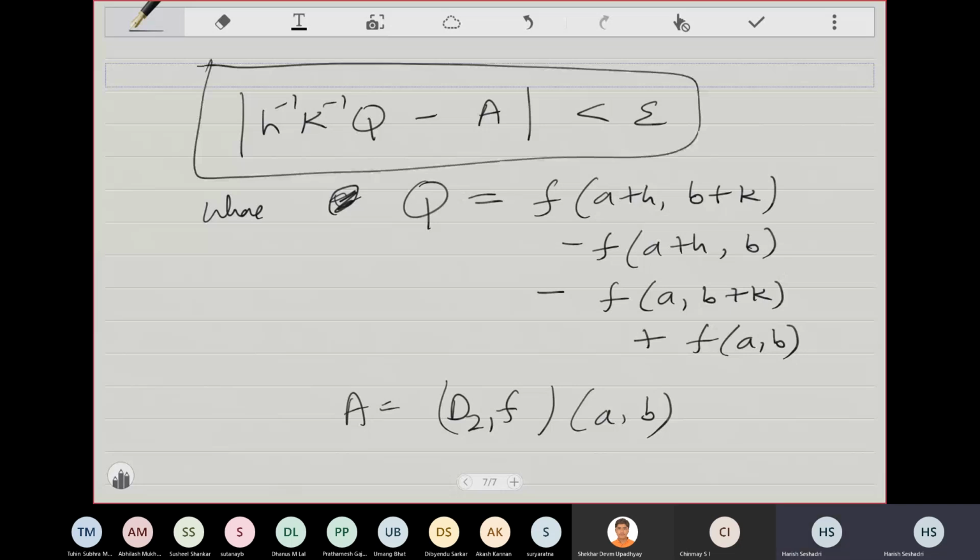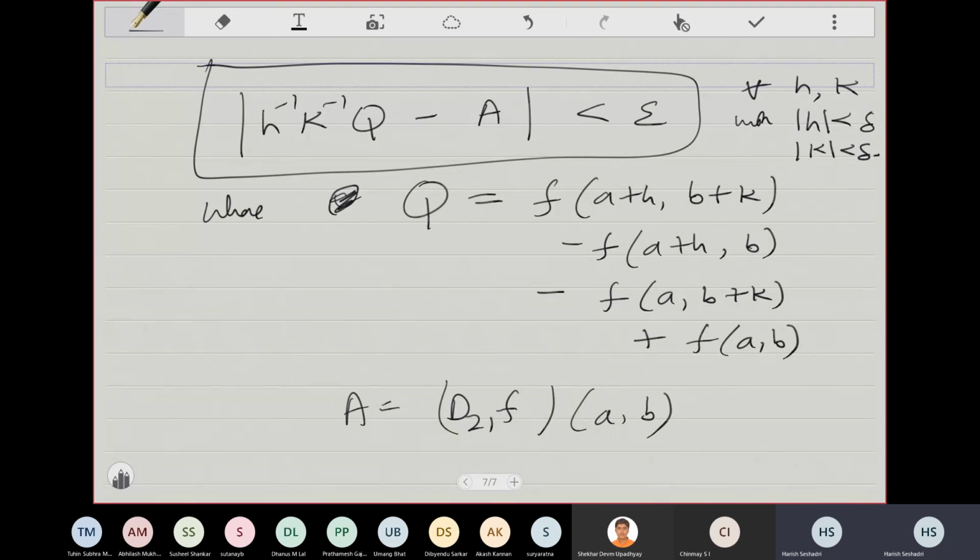So I want this. Now notice that I've removed the limit sign. The only way of making sense of that is that this holds for all h, k with mod h less than delta, and k also less than delta.